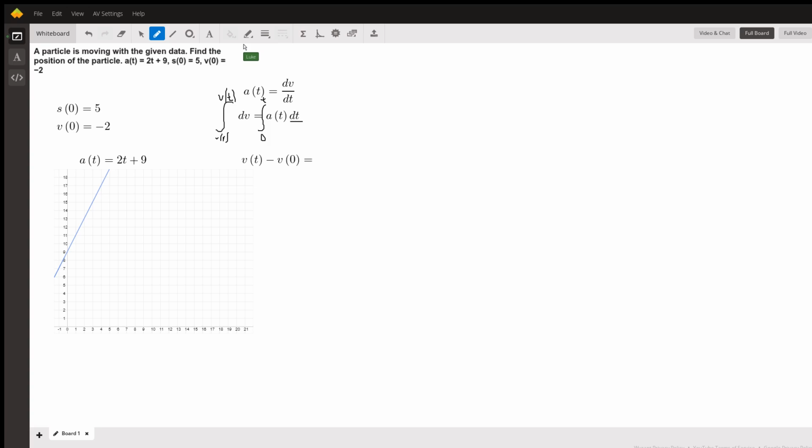Other side, you'd have to be evaluating an integral of time from 0. I'm trying to just fill this integral in so that it has no missing parts. For you, you'd have to be integrating 2t plus 9 dt.